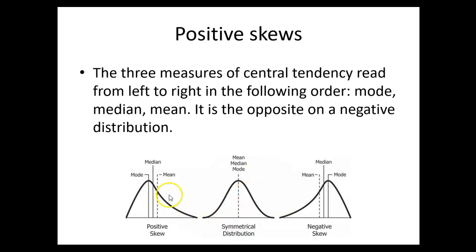In the case of our push-ups, we had someone that was really good, and they created a positive skew because they pulled the mean, which is normally right in the middle of a distribution, to the right. This is what a positive skew would look like: the mean gets pulled to the right. In negative skews, means get pulled to the left.